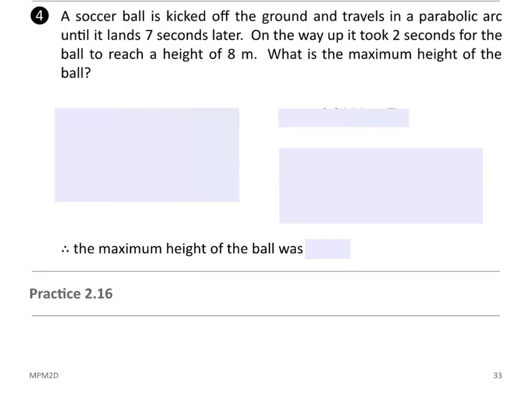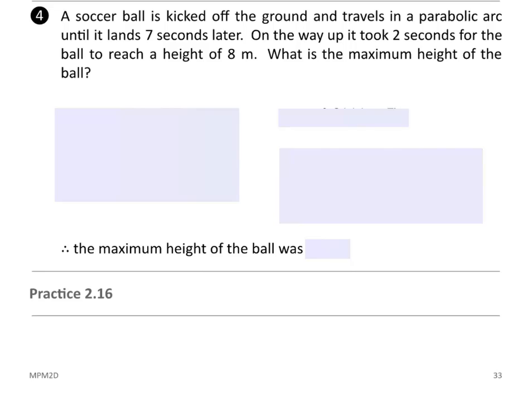A soccer ball is kicked off the ground and travels in a parabolic arc until it lands 7 seconds later. On the way up, it took 2 seconds for the ball to reach a height of 8 meters. What is the maximum height of the ball? Okay.